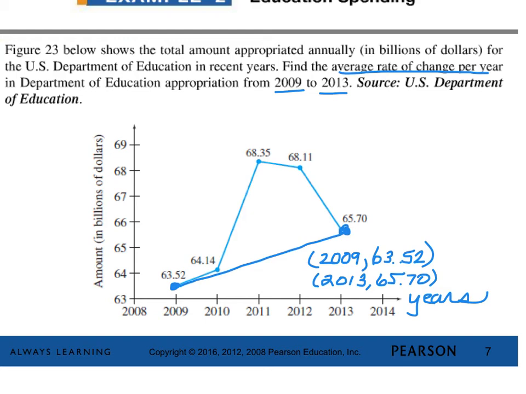And I want you to keep in mind here that the average rate of change only takes those 2 points into account. It doesn't take into account anything that happens in the intervening years. So it can be a very misleading kind of rate of change.